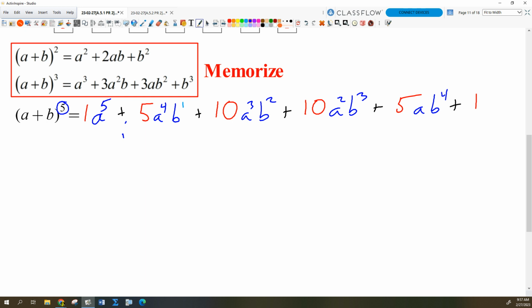So now we get B to the 5th. There you go. Is that what you said? Okay. And then the A is to the 0, so we don't even write it, right? Because remember, anything to the 0 is just equal to 1. So we're just multiplying by 1. So we just get our B to the 5th. I think you were saying that, and I just wasn't hearing you. Okay? Good?